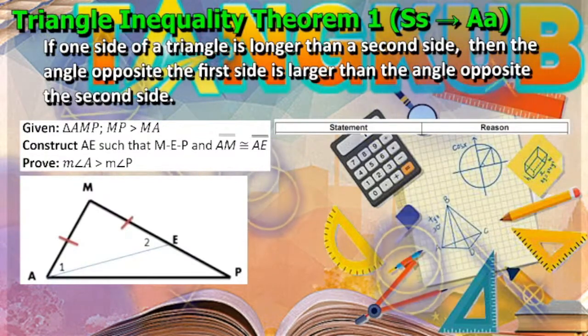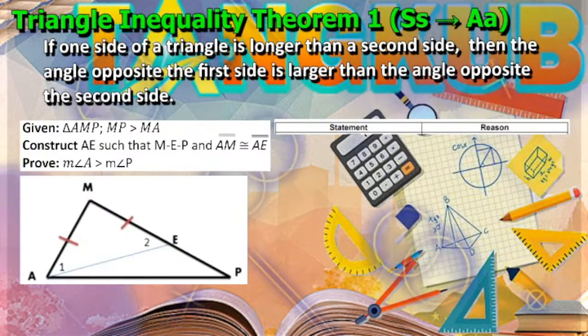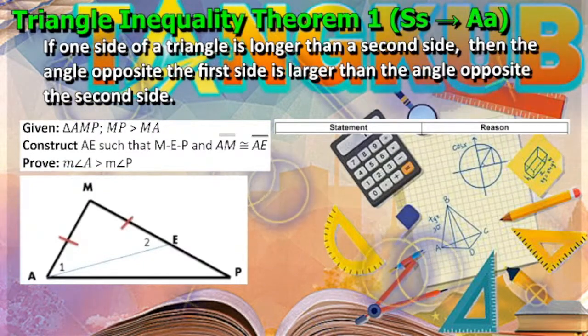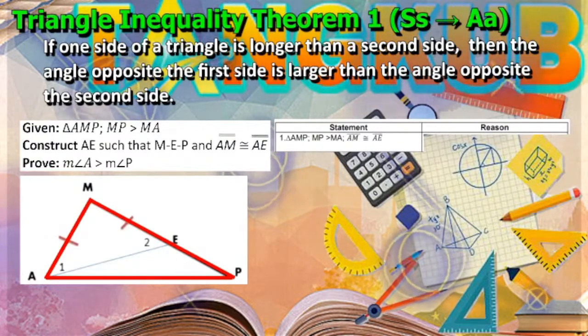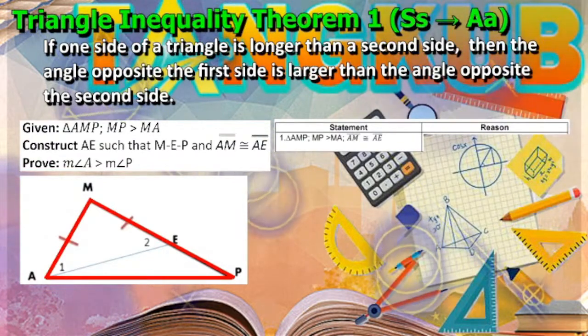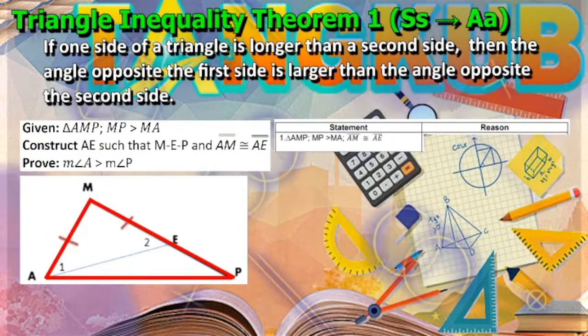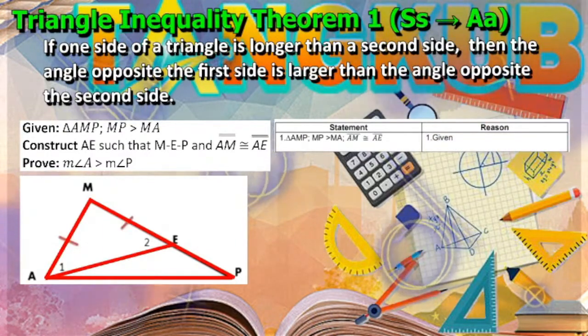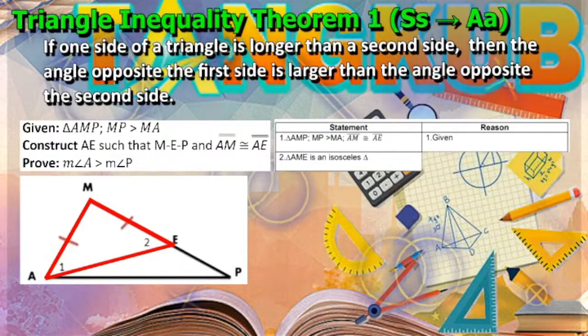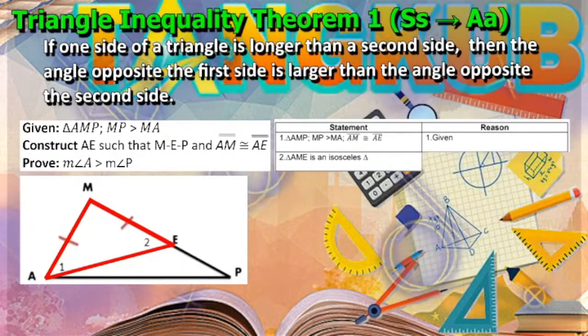Now here is the proof with the following statements and their corresponding reasons. First statement, triangle AMP with MP greater than MA and side AM is congruent to side AE. Reason, given. Next, triangle AME is an isosceles triangle.